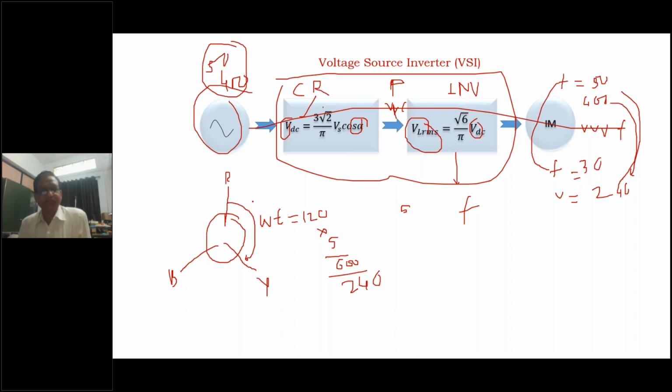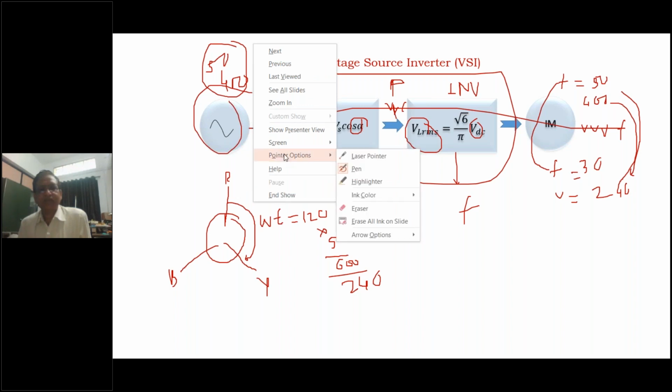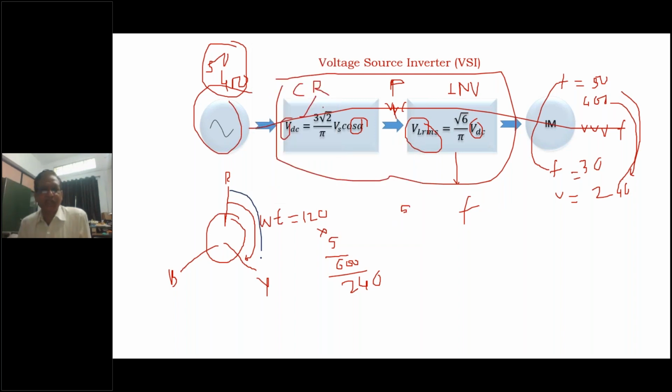So this displacement is 240 degrees for the fifth harmonic, and for the fundamental it is 120 degrees. In a square waveform there is addition of fundamental and fifth harmonics. Phase shift is as such.